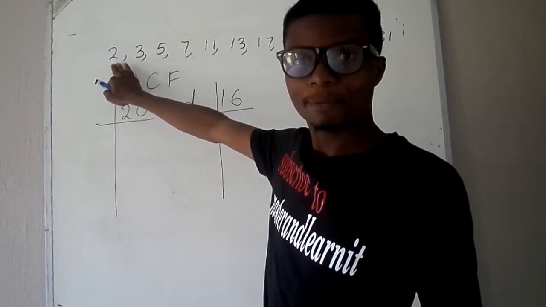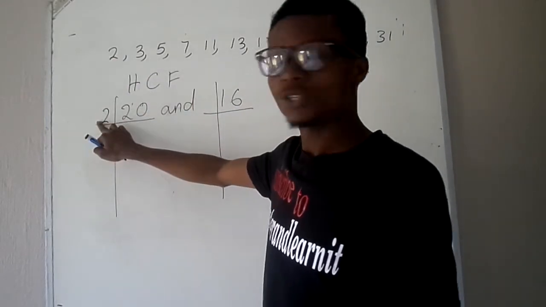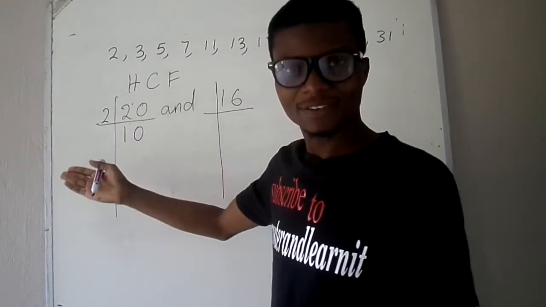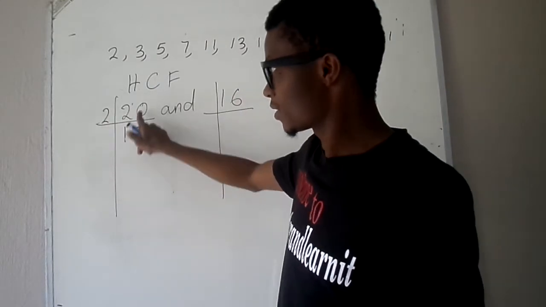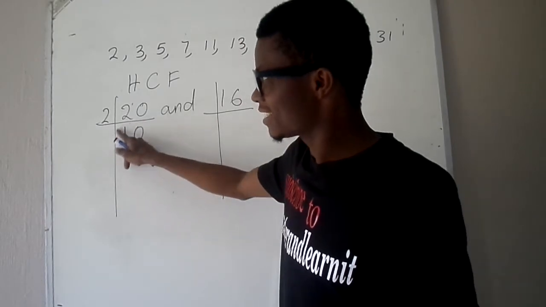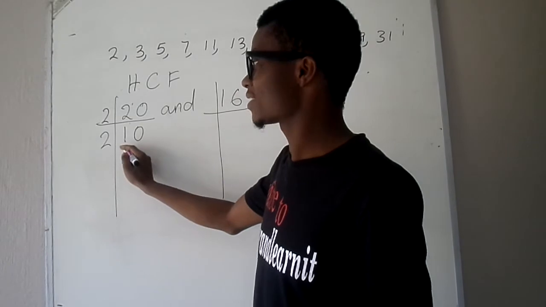Writing 20 as a product of its prime factors, divide by the smallest prime number, that's 2. 2 into 20, that's 10. If you have a challenge, just divide 1 by 1. 2 into 2, that's 1. 2 into 0, that's 0. So that's 10. The smallest prime number that can divide 10 is still 2. So 2 into 10, that's 5.